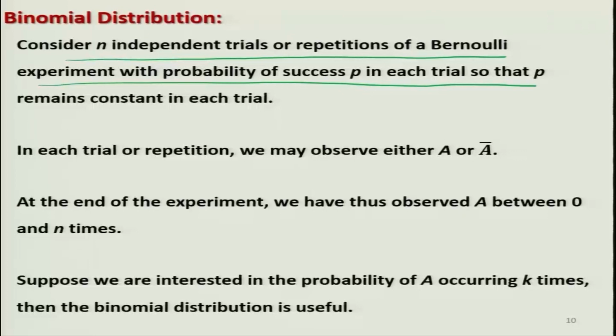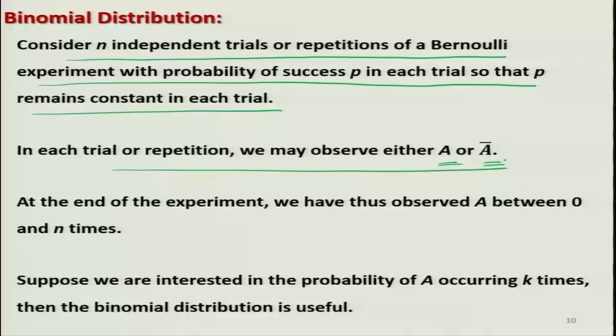So obviously this probability p remains constant in each of the trials, right. Now this depends on the objective of the experiment, that in each trial or repetition we can observe either the event A or the event A complement.